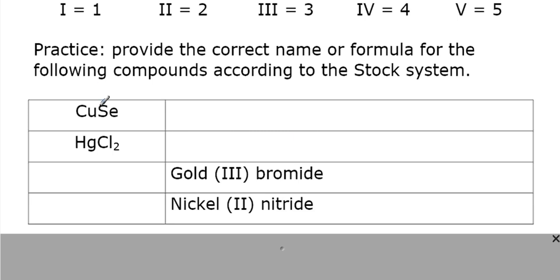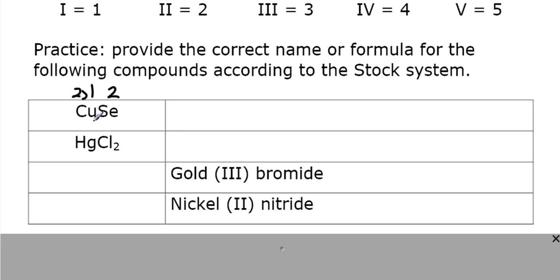Okay, so if we do one where we're taking a formula and providing a name, again, I go to my periodic table, and when I look at copper, copper can be 2 or 1, but selenium is 2.